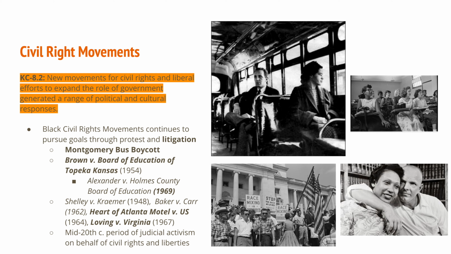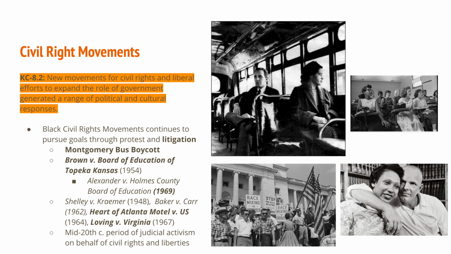And one of the birthplaces of the modern civil rights movement was in the city of Montgomery in Alabama with the Montgomery bus boycott. This started when Rosa Parks refused to leave her seat on the bus, and she knew that she was going to get in trouble for this.